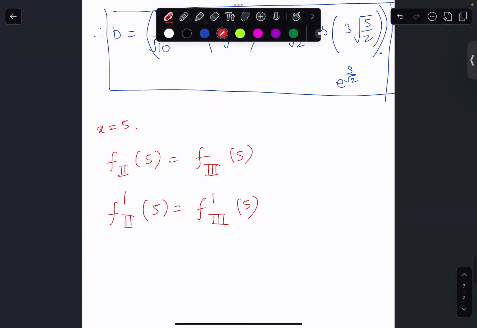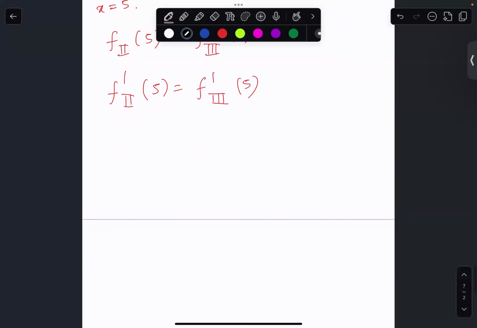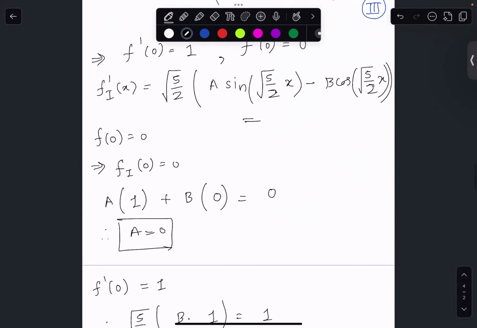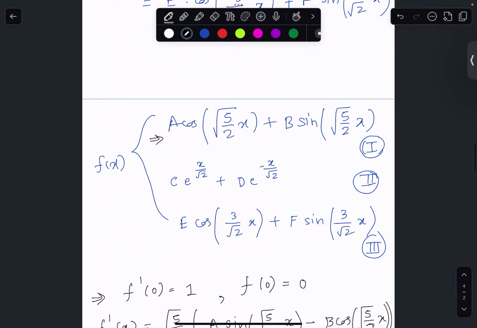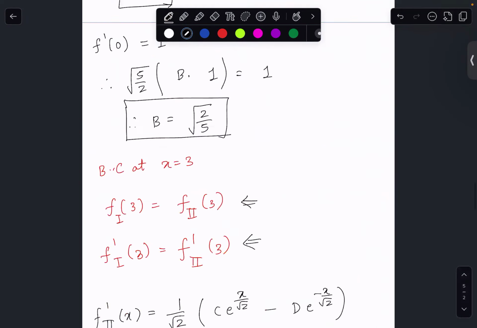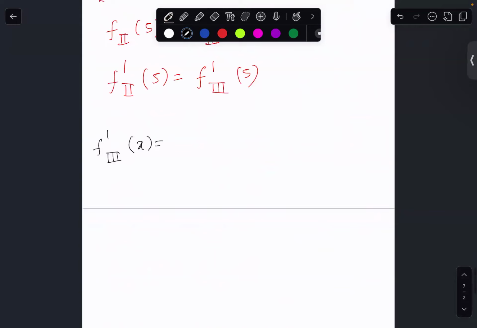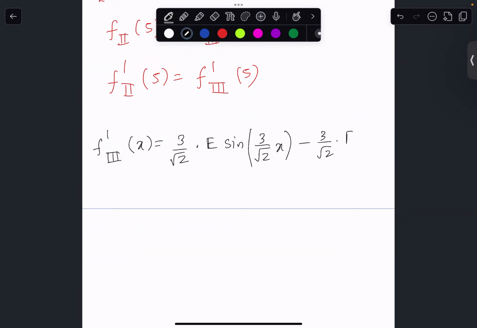Now, our f prime in region 3 of x, from this equation, can be written down as 3 upon square root of 2 times e sine of 3 upon square root of 2 x minus 3 upon square root of 2 f cos of 3 upon square root of 2 x.